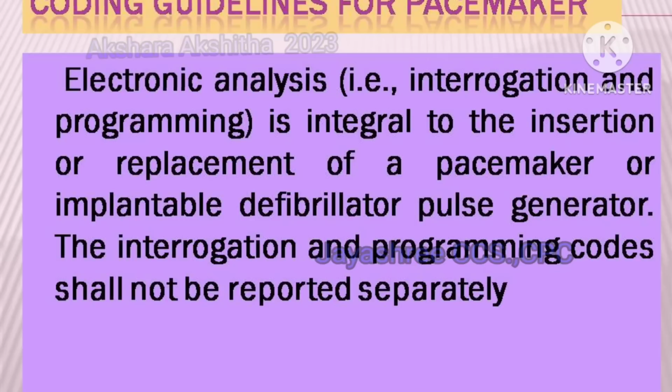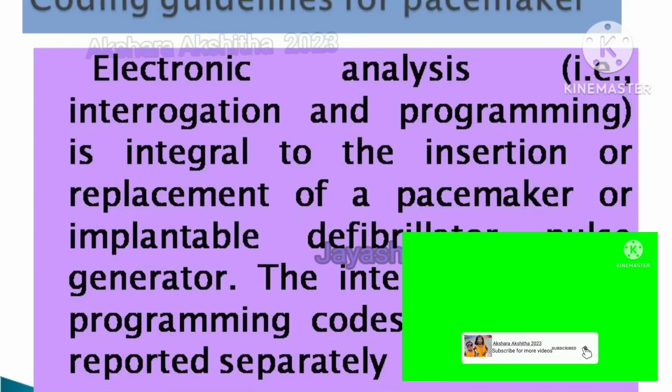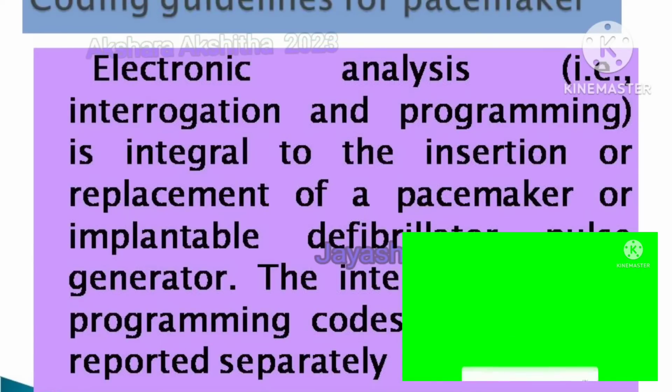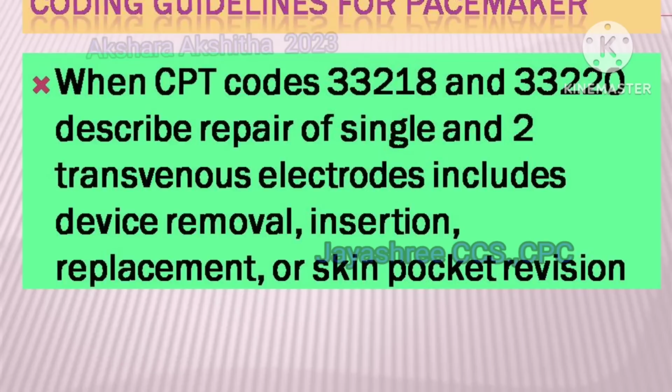Next point is electronic analysis. Electronic analysis means integration and programming CPT codes. That CPT code service also we should not report with the pacemaker. Those procedures are all integral to the insertion or replacement of a pacemaker or implantable defibrillator pulse generator. So these integration and programming codes shall not be reported separately.